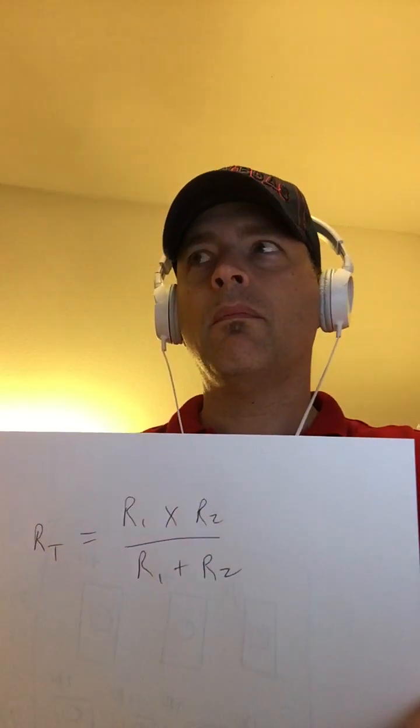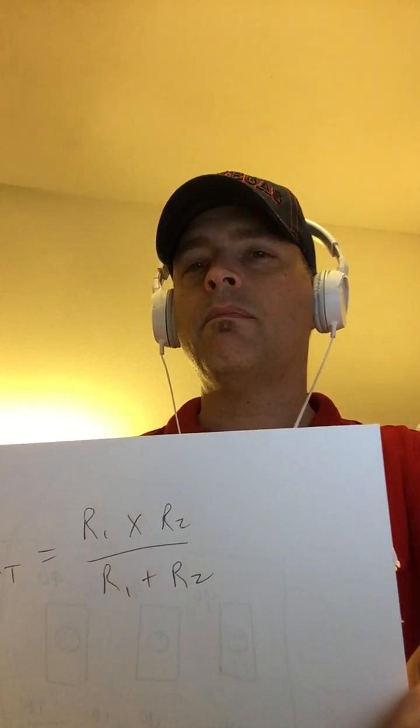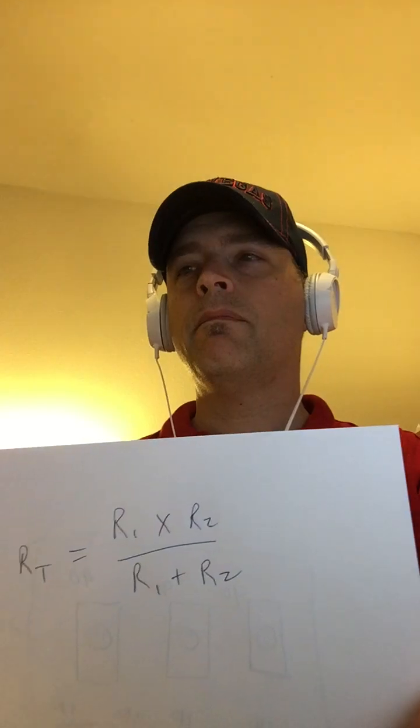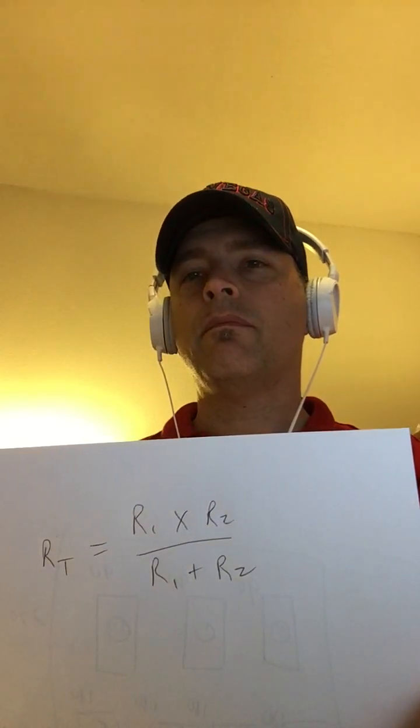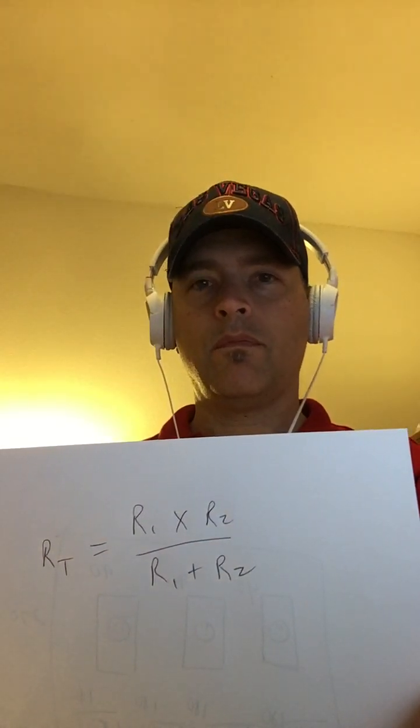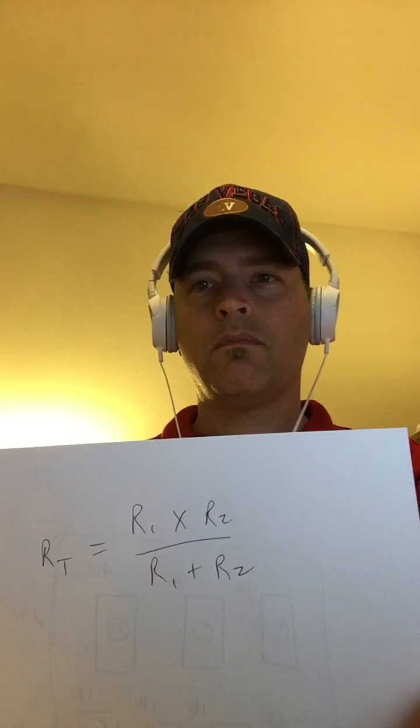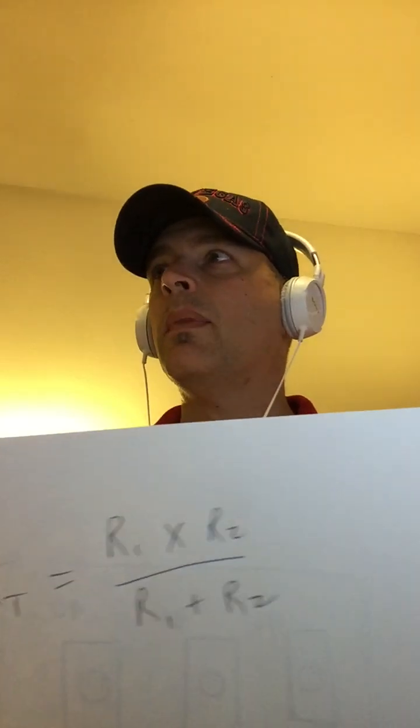So the total resistance is R1 times R2, divided by R1 plus R2.